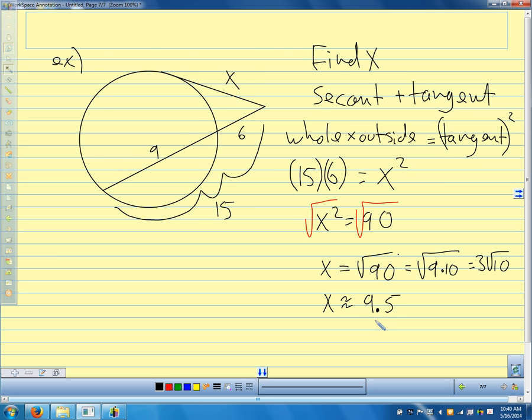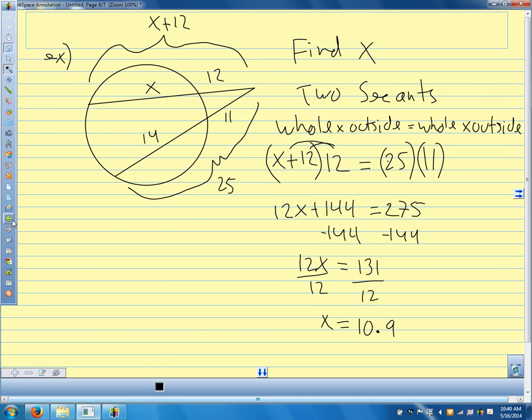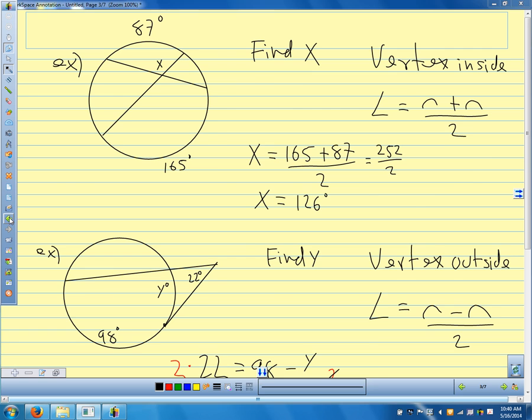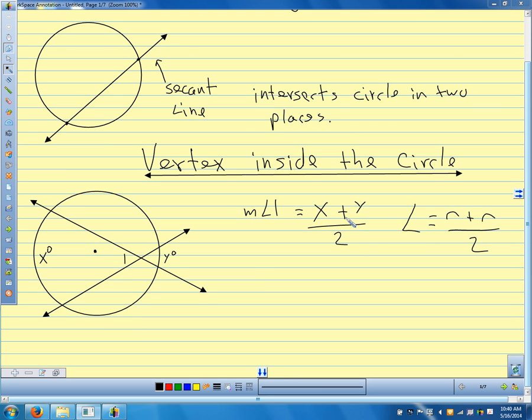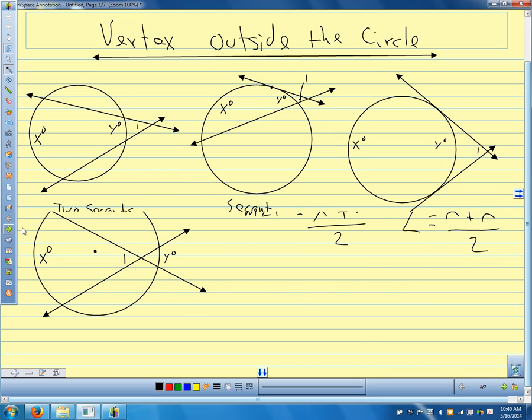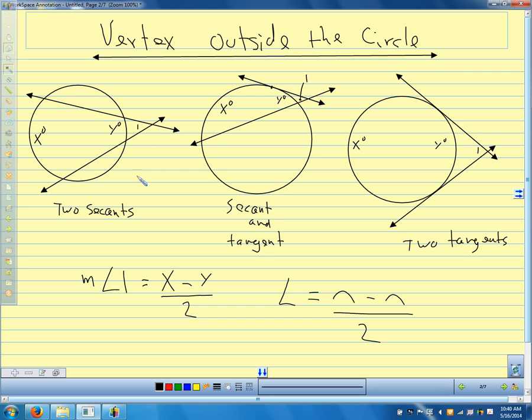All right, let me back up here really quickly. So our two main ideas here. When we're looking at arcs and angles, when our vertex is inside the circle, the angle equals the arc plus the arc divided by 2. When our vertex is outside the circle, no matter how it happens, our angle is the arc minus the arc divided by 2.